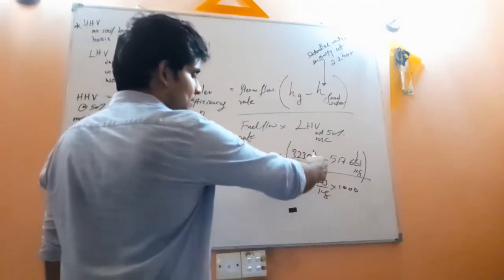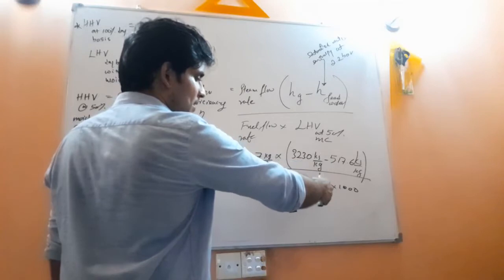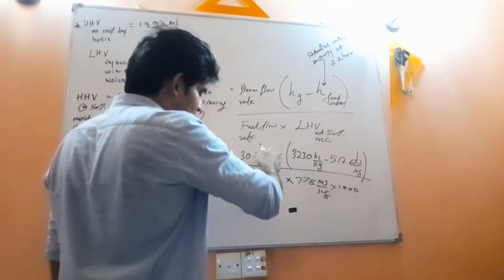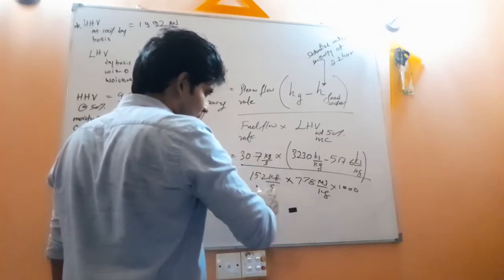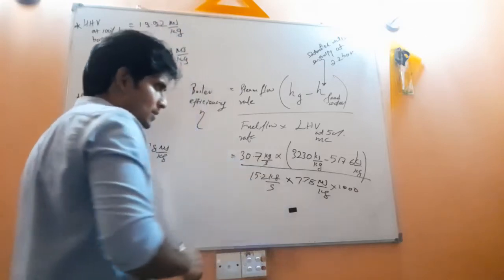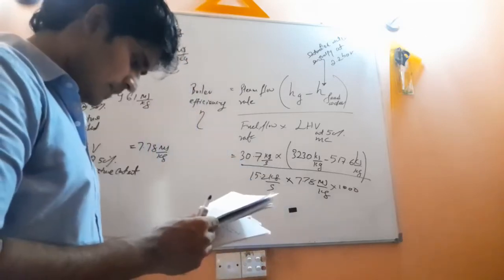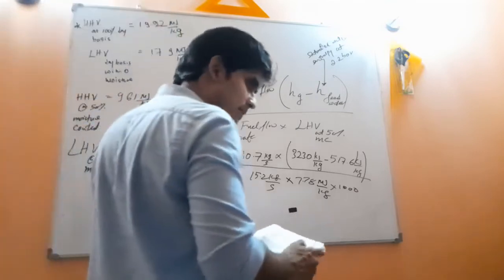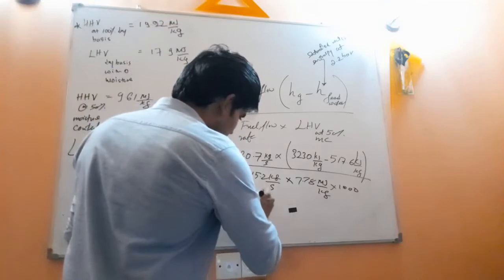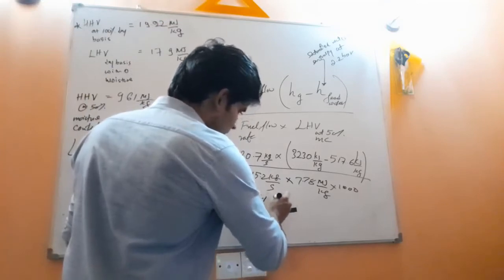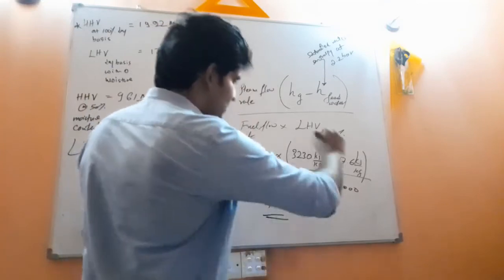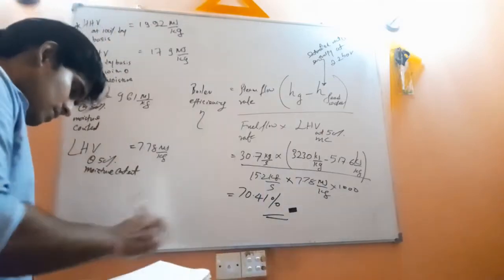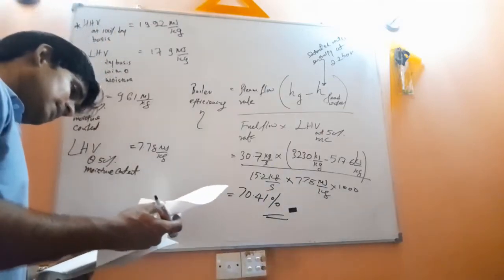Now the units of steam flow rate and fuel flow rate are also the same. So what is the boiler efficiency? 70.41. That is the value that I am getting, right? That is the boiler efficiency, 70.4.